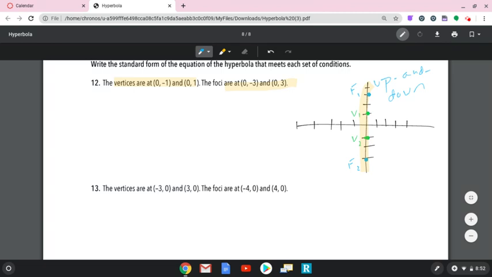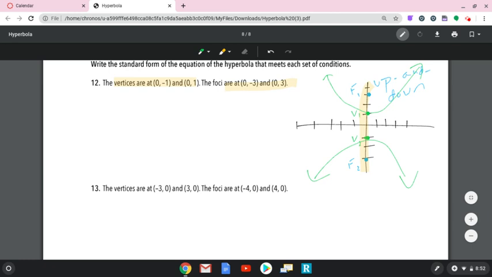How do I know it's vertical? The foci and the vertices will always be on your transverse axis. So my hyperbola would go up this way, opening toward the focus, and this one opening toward the focus. So here we have that up and down hyperbola.